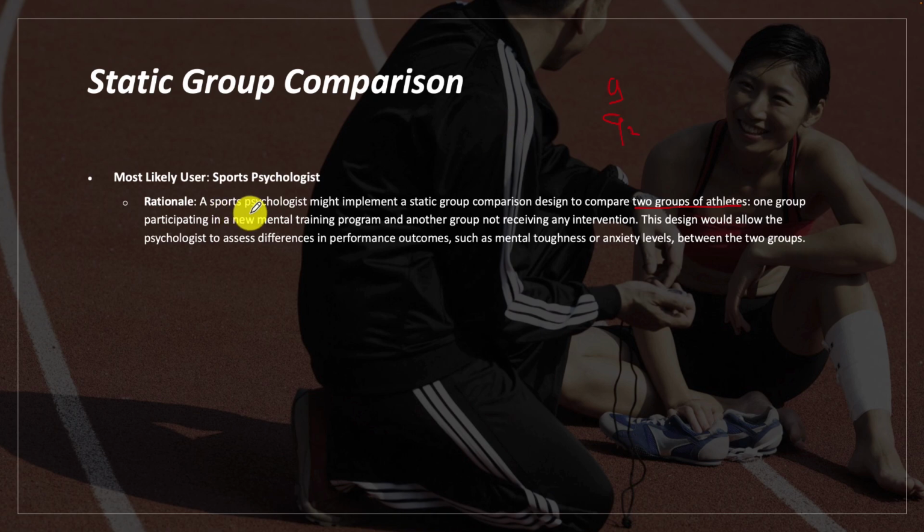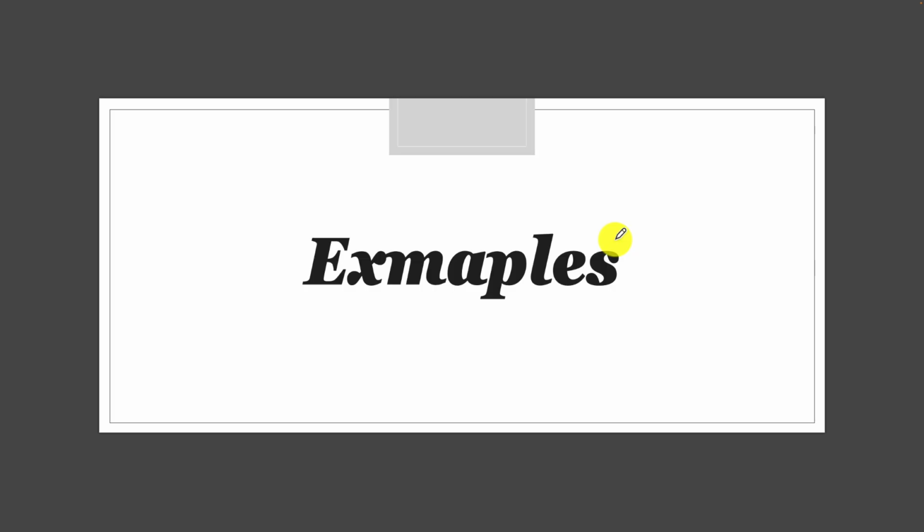One group participates in a new mental training program and the other does not receive anything. So we would have nothing there, and then we would do our observations and see if group 1, after the intervention, showed any significant differences from group 2. Those would be our examples of pre-experimental procedures.